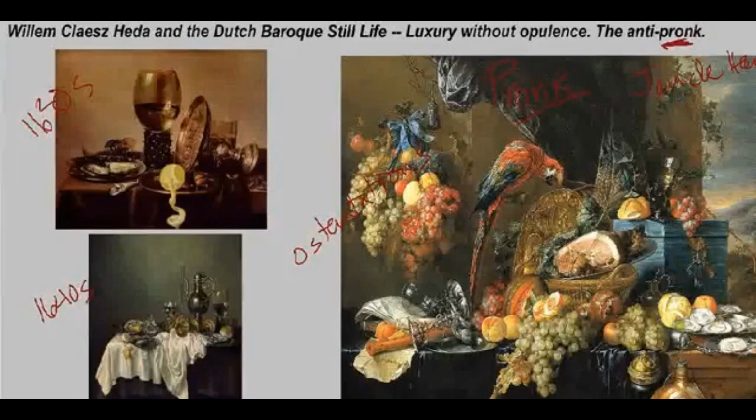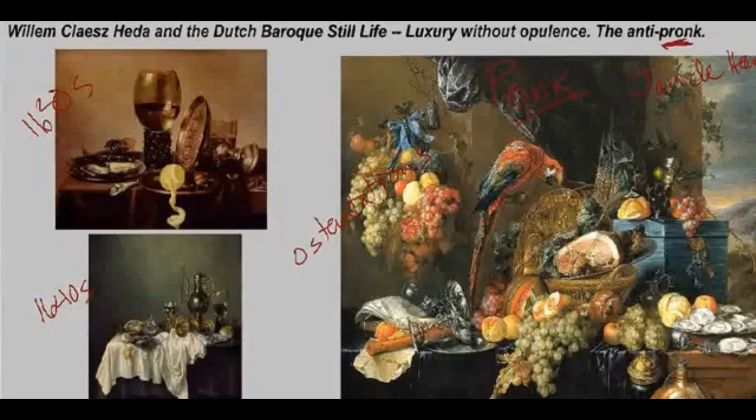Remember, we had the luxury items, imports, often items that people might never have seen in their whole life, like this exotic bird. So you have fancy import items, you have beautiful luxury glass and silverware, and it's all assembled in a very ostentatious, almost chaotic way, a very dramatic way.